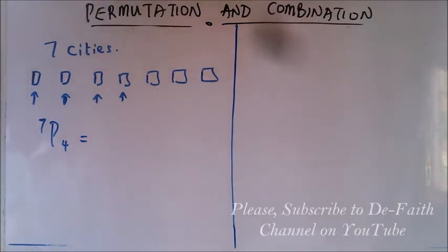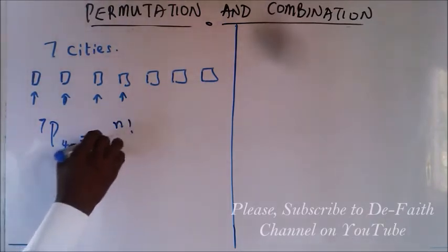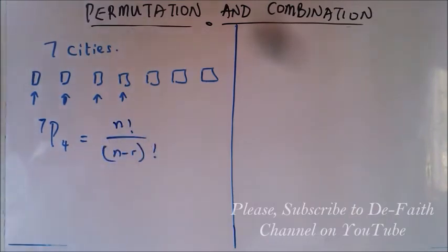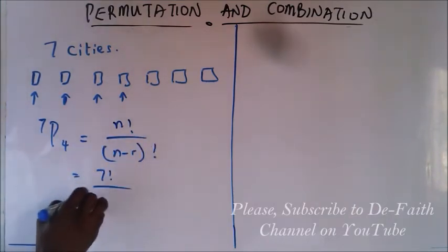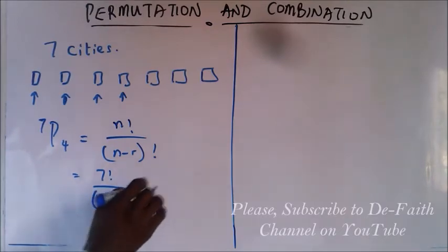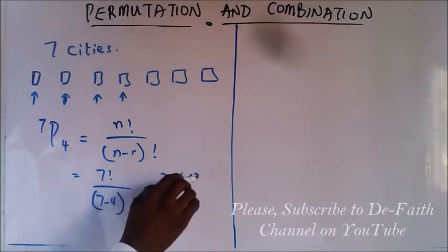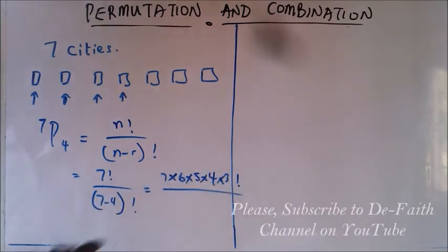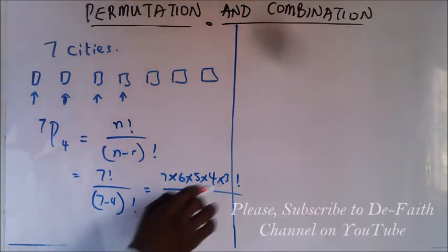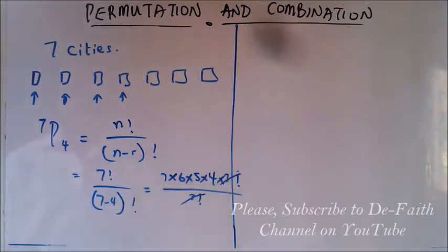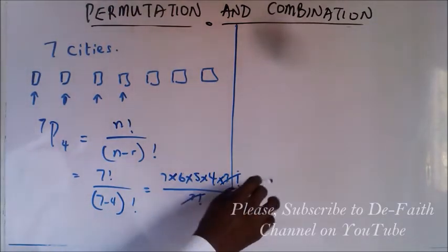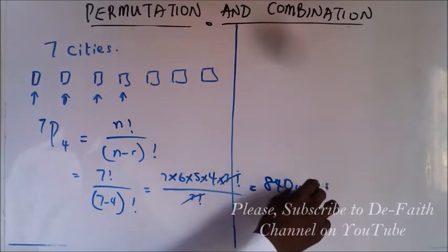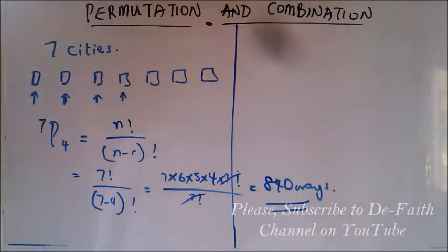And so using our formula for permutation, which is n factorial over n minus r factorial, 7 factorial over 7 minus 4 factorial, we have 7 multiplied by 6 multiplied by 5 multiplied by 4 multiplied by 3 factorial over 7 minus 4, that's 3 factorial. And so 3 factorial cancels 3 factorial. We are left with 7 times 6 times 5 times 4, and that produces 840. So we have 840 ways by which this is possible.